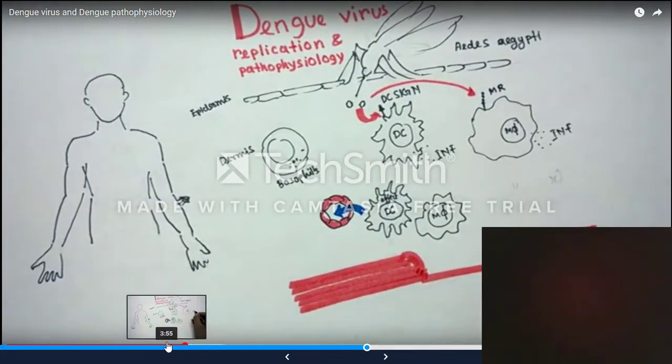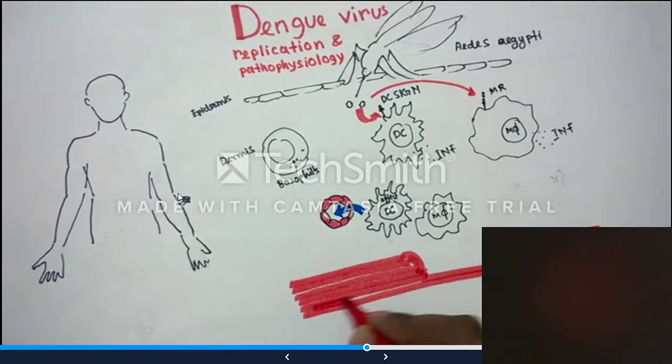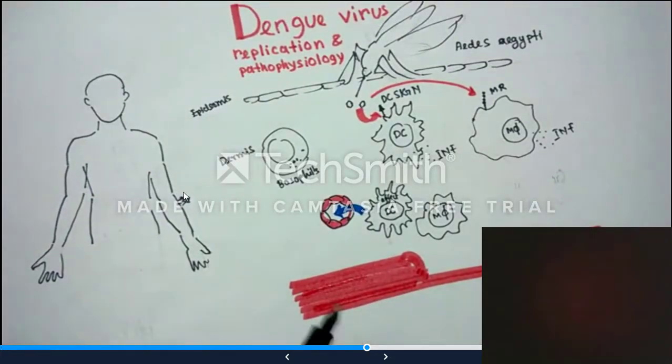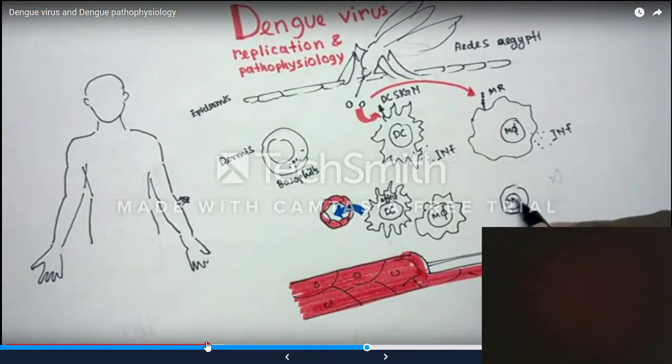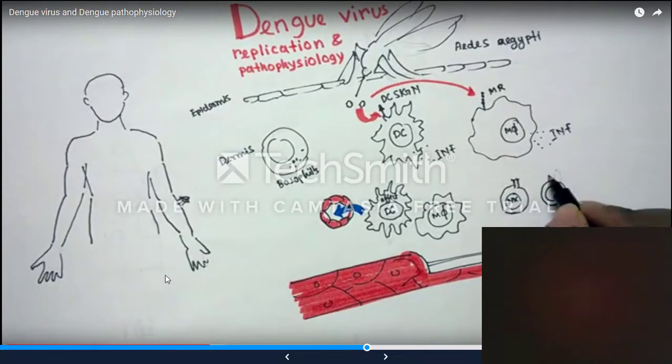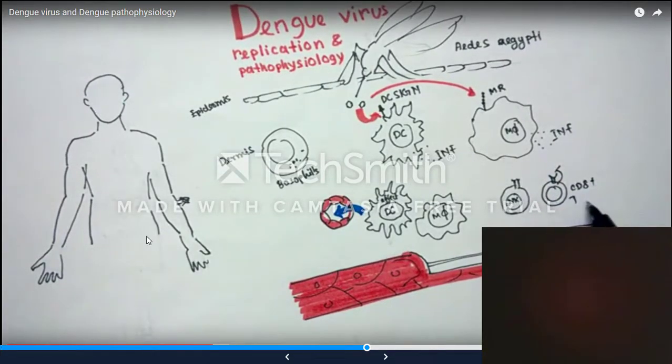The immune cells like our CD4 plus cytotoxic T cells, the natural killer cells, and also the CD8 plus T cells will come out.